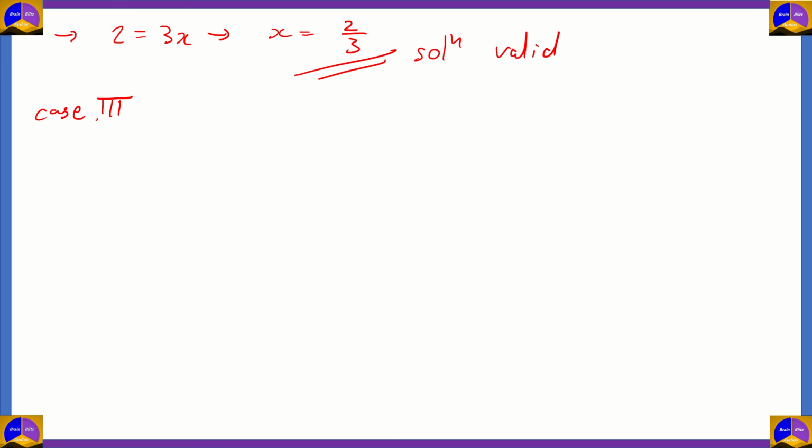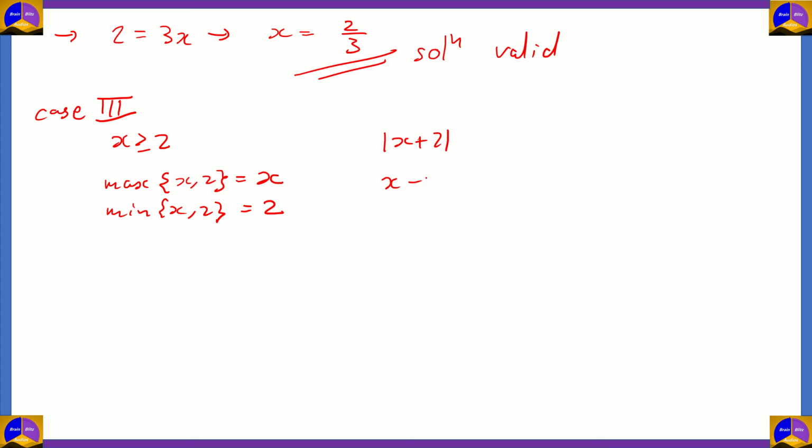Now for case 3. In case 3, x is greater than or equal to 2. So in this particular case, the maximum of x comma 2 becomes x, and the minimum of x comma 2 becomes 2. Now, since 2 is the inflection point of mod of x minus 2, both of our functions, mod of x plus 2 and mod of x minus 2, are positive.